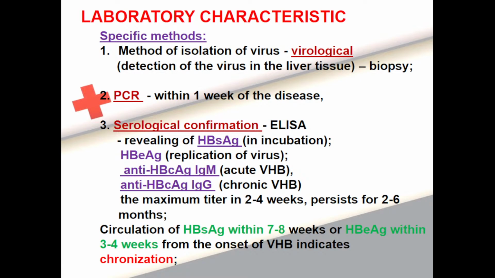Circulation of HBs antigen for more than 7 to 8 weeks, or HBe antigen for more than 3 to 4 weeks from the onset of hepatitis B virus, indicates chronization.